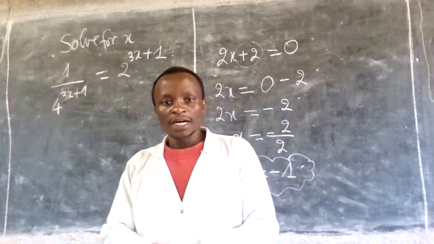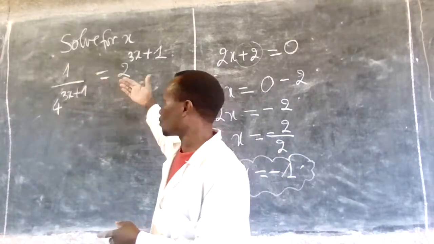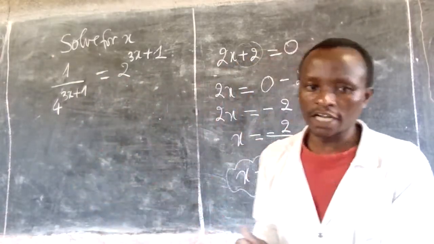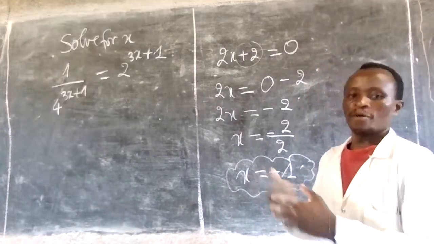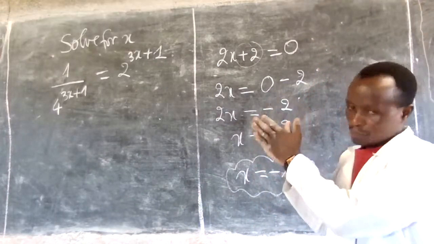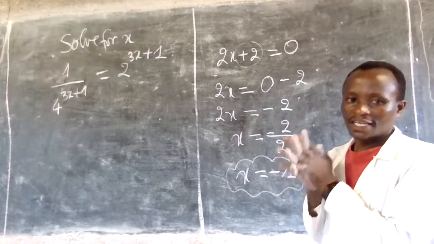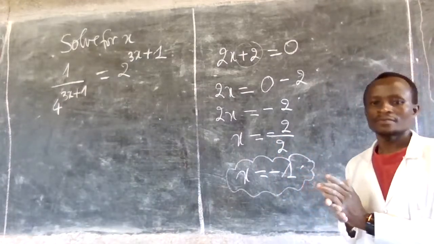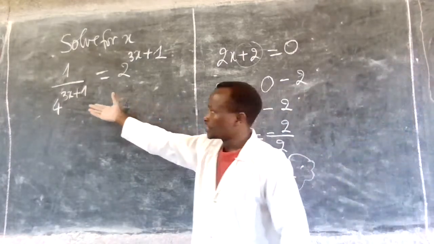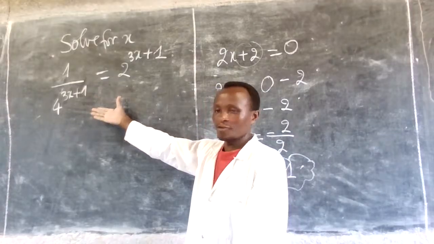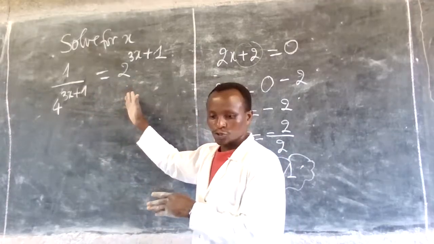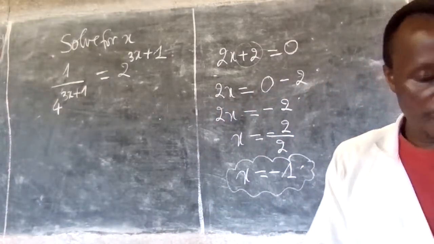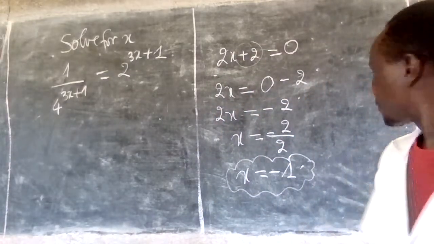How should we solve this kind of equation that you have on the chalkboard? Think about it, please. You have to observe that equation and see how we should solve it. I gave you this equation here. It is another form of exponential. So now let me show you how we should solve that equation.